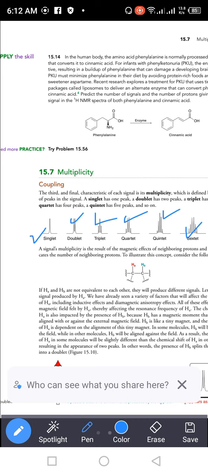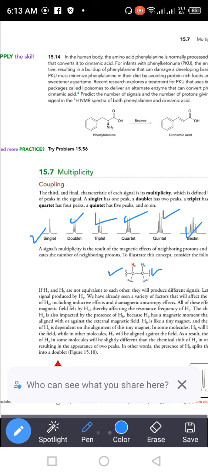Now, how do singlet, doublet and triplet arise from a signal? What are the factors that affect the splitting of a peak? The only factor that affects the splitting of a peak is the magnetic effect of a neighboring proton. Suppose we have two protons, one represented by HA and the other by HB.